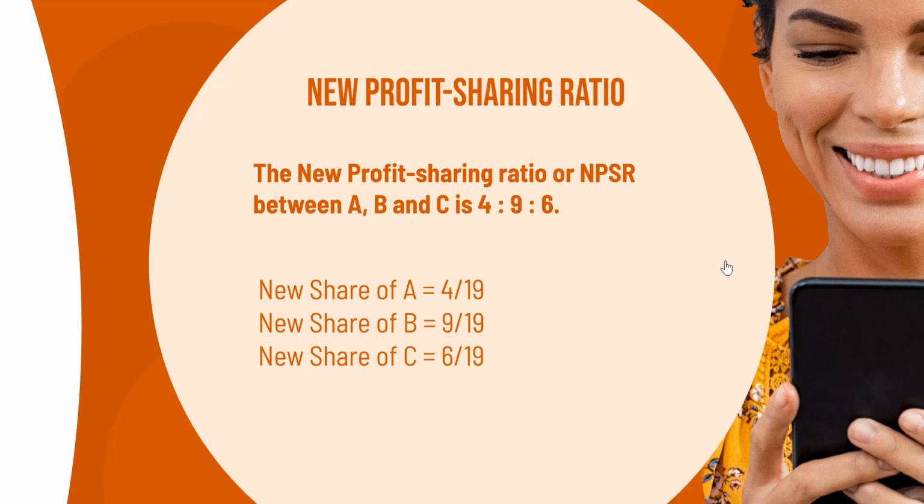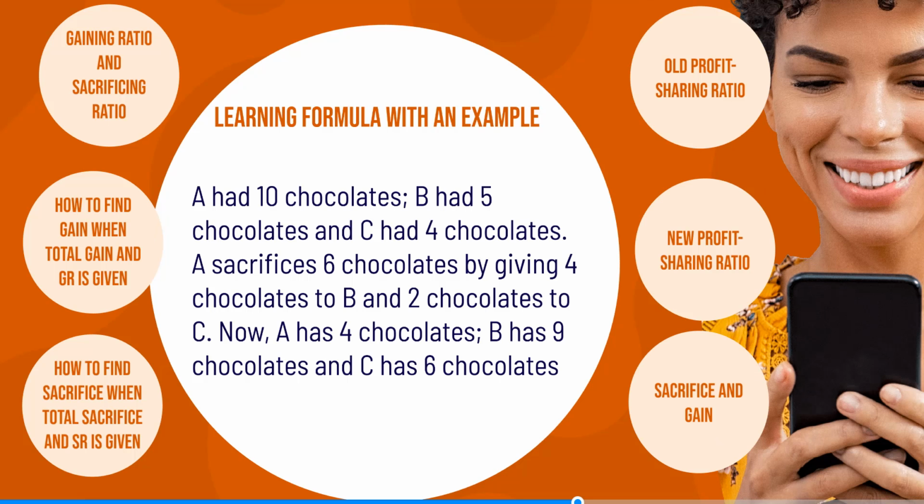Therefore, the new profit sharing ratio, or NPSR, between A, B and C is 4:9:6. Therefore, the new share of A is 4 divided by 19. New share of B is equal to 9 divided by 19, and new share of C is equal to 6 divided by 19. Now based on this old share and new share, let's see who sacrifices and who gains.